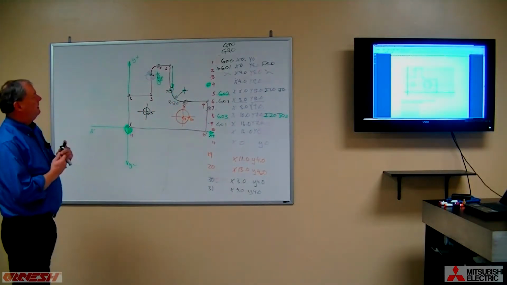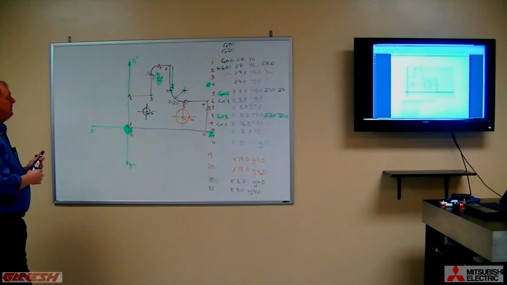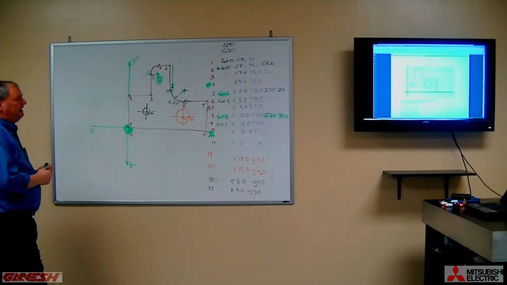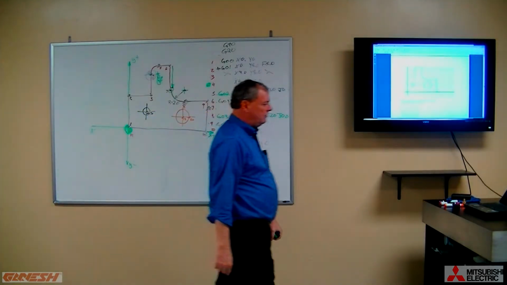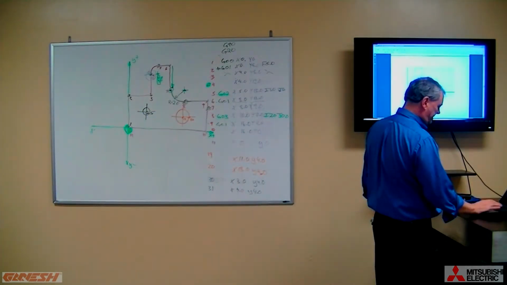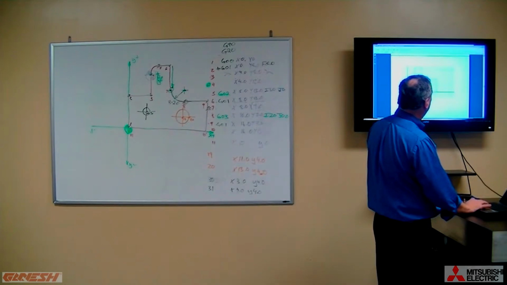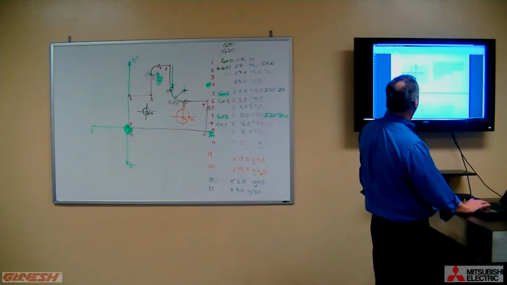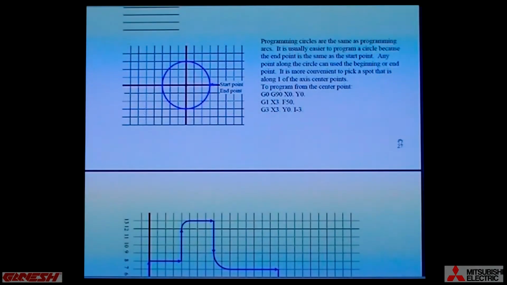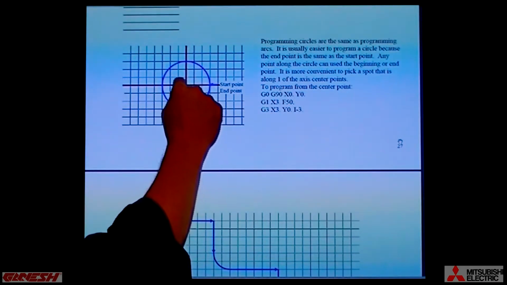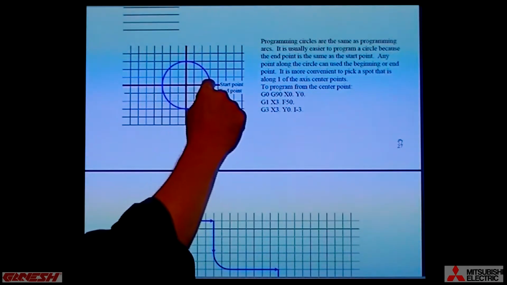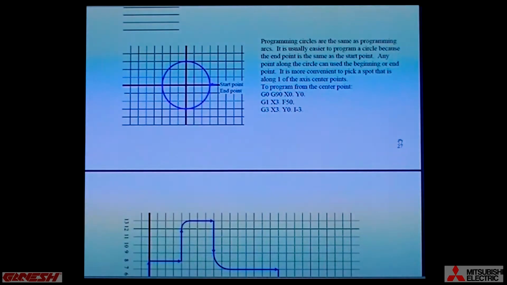Now, to do a full circular interpolation move, it's really easy. And if you have noticed and read the manual that we have up on the screen, it talks about right here, cutting full circular arcs. It's really kind of easy when you do it if you realize where the center is and where you want to start cutting.